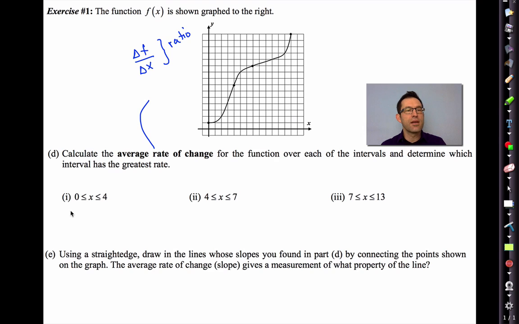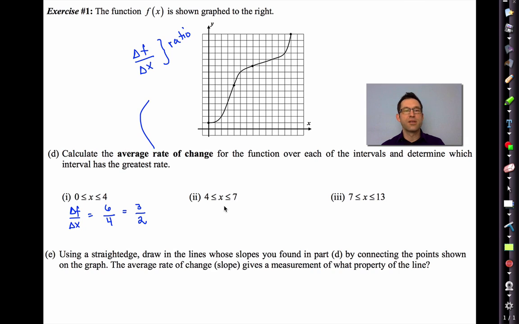So for instance, in letter I, delta f to delta x, if you remember on that last screen, the change in f was 6, the change in x is 4, and therefore delta f to delta x is 3/2.